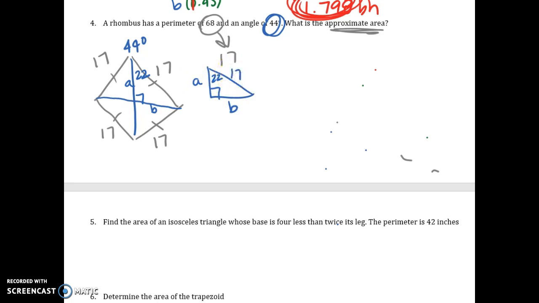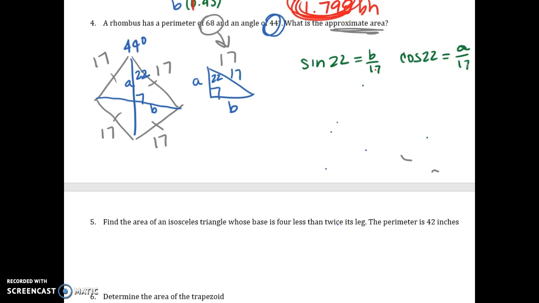So you're going to have to use trigonometry. Let's do the sine of 22 equals B over 17. And we'll also do the cosine of 22 equals A over 17.